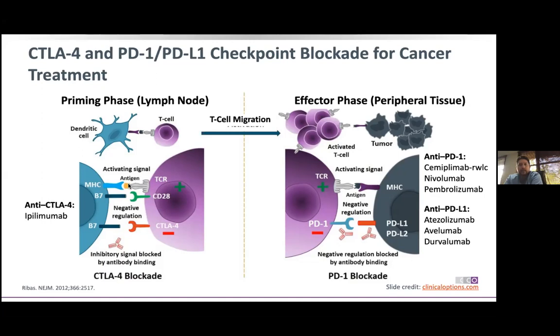Malignant cells use their markers in order to try and evade the immune system, dampening down this mechanism. This has therefore been harnessed now both with the CTLA-4 blockade and with the programmed cell death, both PD-L1, that's the ligand, and the PD receptor blockade in order to activate these cells.